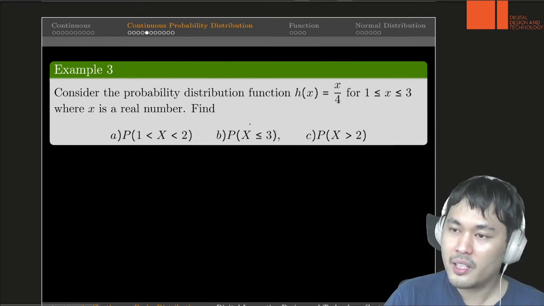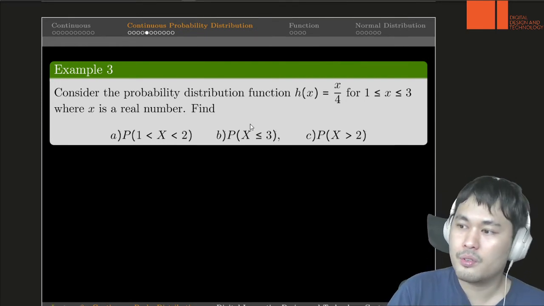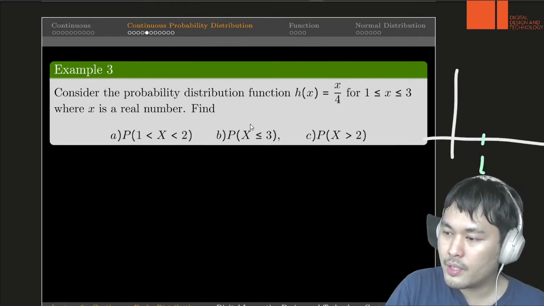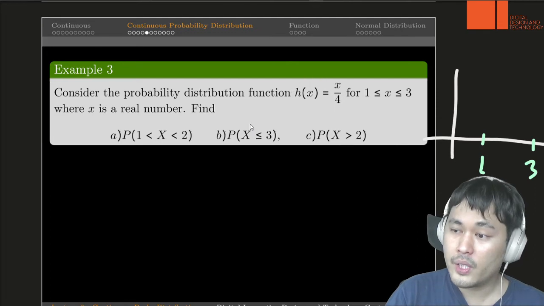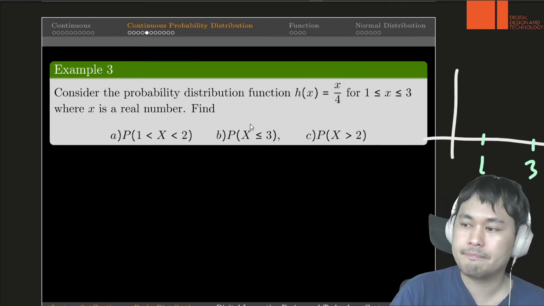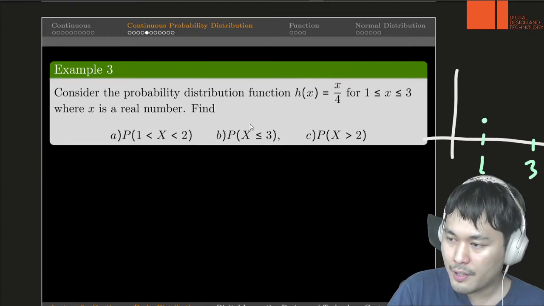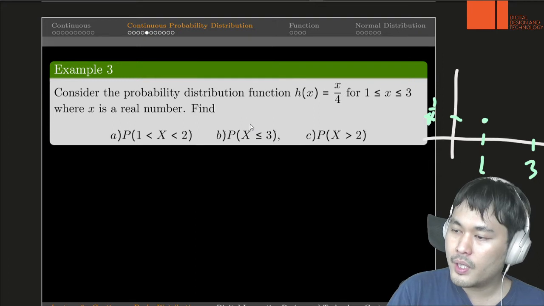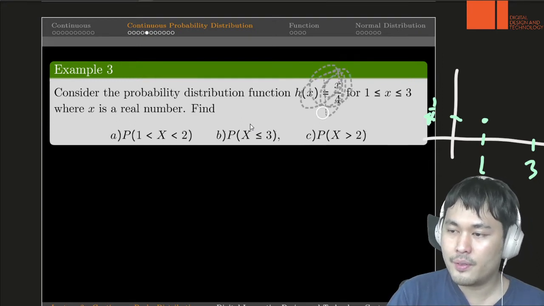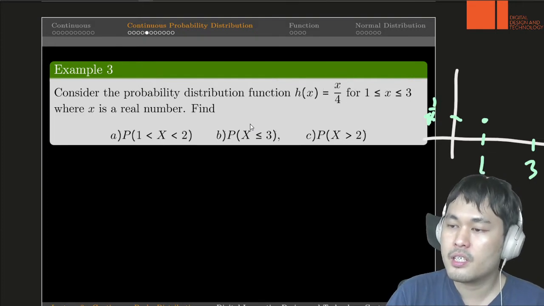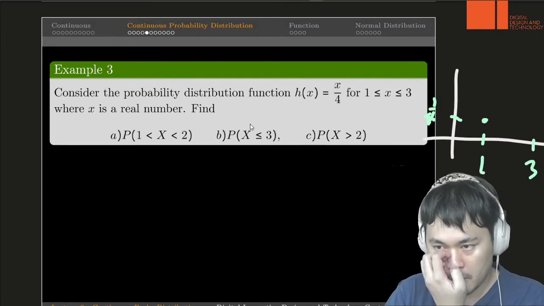And if you know how to plot a graph, or if you use any tools to plot this graph, we get that from 1 to 3. When x is 1, the left endpoint, h of x is 1/4. So we start from here instead. We can see that this is a linear function because it has one x term times some coefficient.